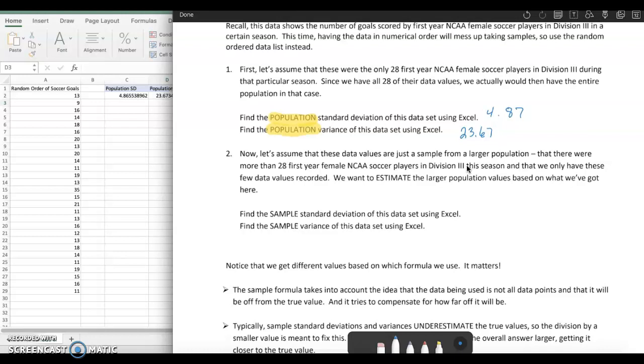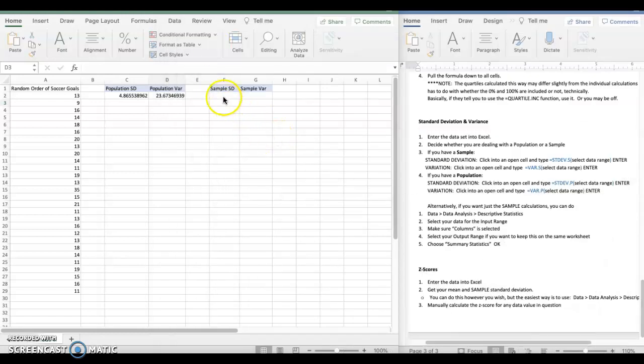Okay, so this is an estimate. Whenever we did it up here, this was exact. That is the exact standard deviation and the exact variance of those values. But now we're saying, oh, this is just a sample. So now we're just estimating what that larger value is for that larger population.